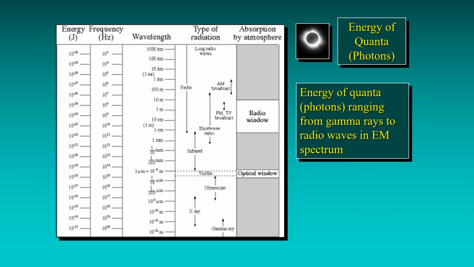Okay, so very long wavelength, very low frequency radiation toward the top of this chart, and much shorter wavelengths down at the bottom. And also note that the energy content for very short wavelength radiation is much higher than it is for very long wavelength radiation.